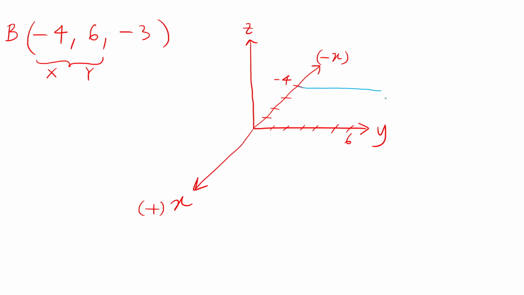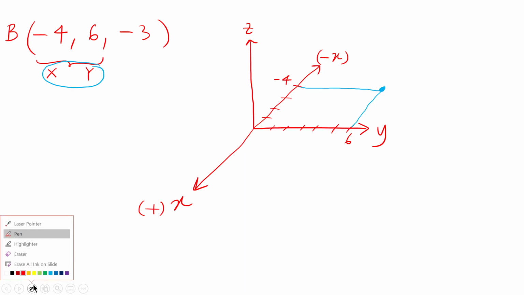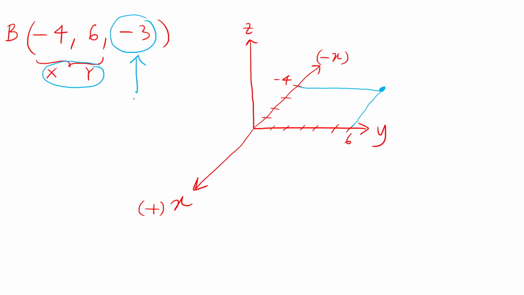So next thing you do, you should make them meet with each other. So they're going to meet here. This is your x and y. So now it's very easy. The next thing you should do is you have to decide on the z axis. It's going negative. So definitely you need to go down by a value of -3.